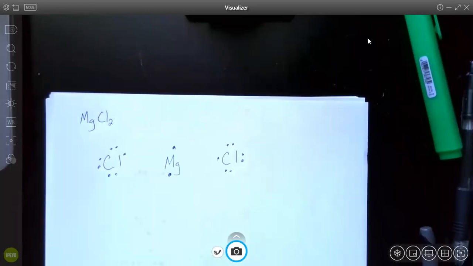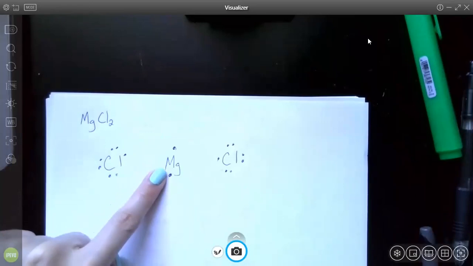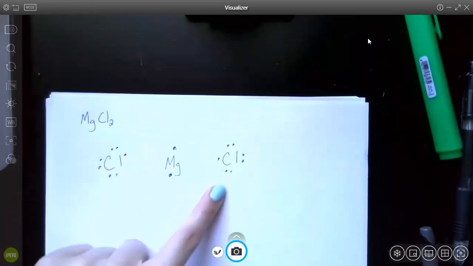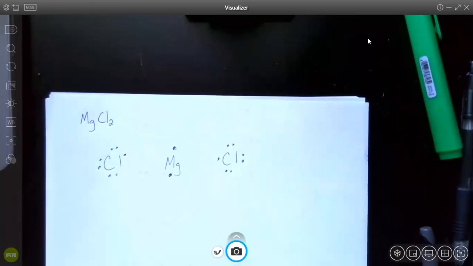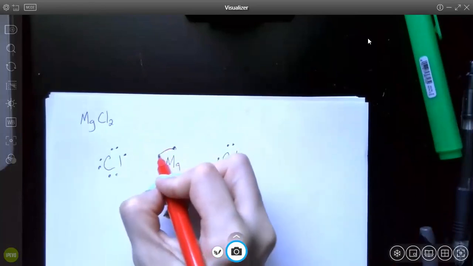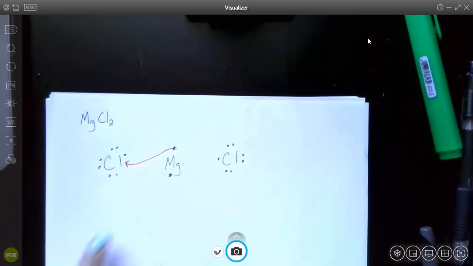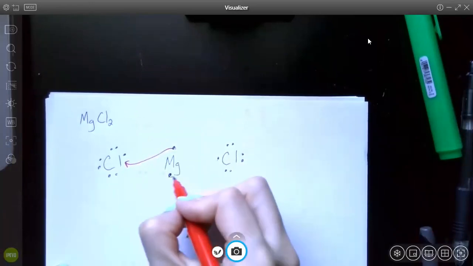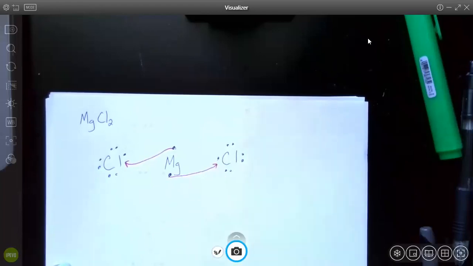And with ionic compounds, ions are formed through the gaining and losing of electrons. In this case, magnesium wants to lose both of its electrons. Each of my chlorines needs an electron. And so what's going to happen is the electrons will leave the magnesium and go to the chlorine, like so.